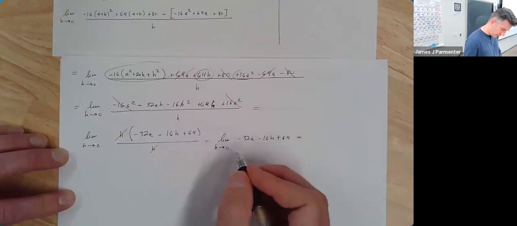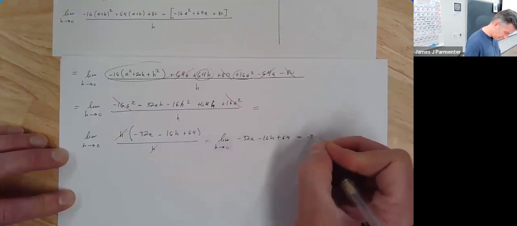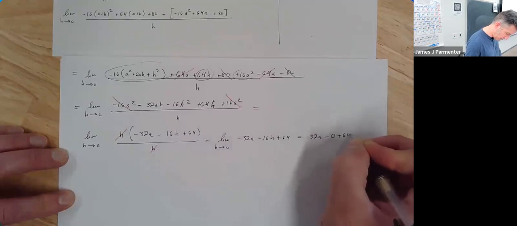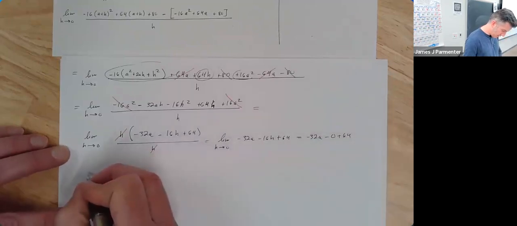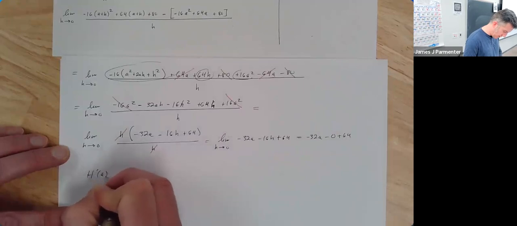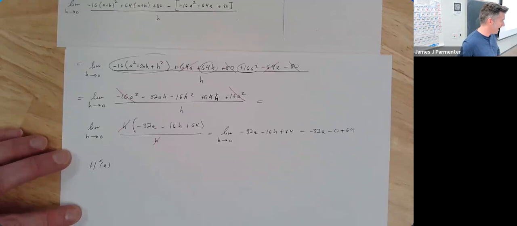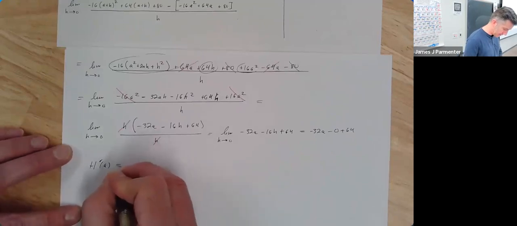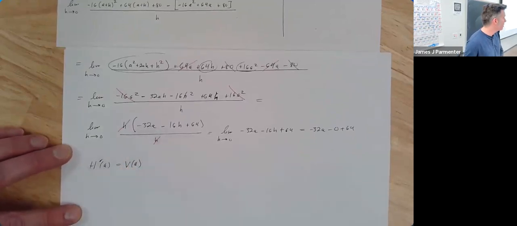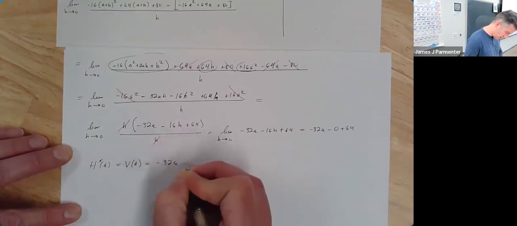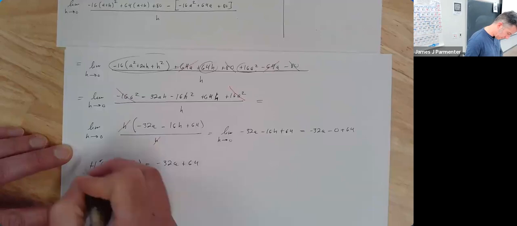And plugging in 0 for H, we're going to get negative 32A minus 0 plus 64. So we can see that H prime of A, which is the velocity of the rock at time A, which you might even write as V of A, is going to equal negative 32A plus 64.